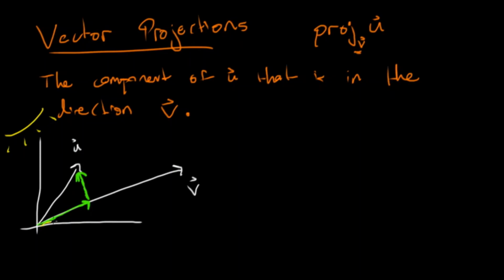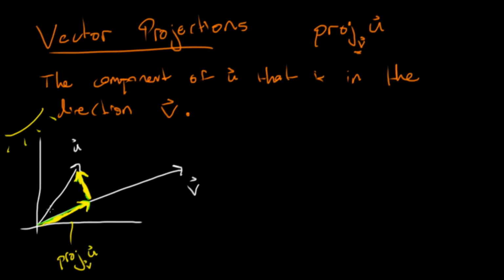Right? This is the shadow of u on v. This is just the perpendicular component. I want to figure out what this vector is. This yellow vector here is the projection of u onto v.